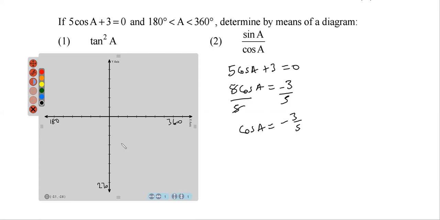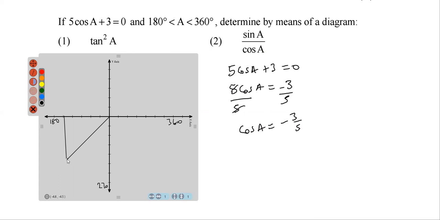So our focus is here. We are dealing with the third quadrant and fourth quadrant. Where must cos be negative? It obviously has to be negative in the third quadrant. So we're going to draw our triangle in the third quadrant. Okay, here we can draw our triangle.